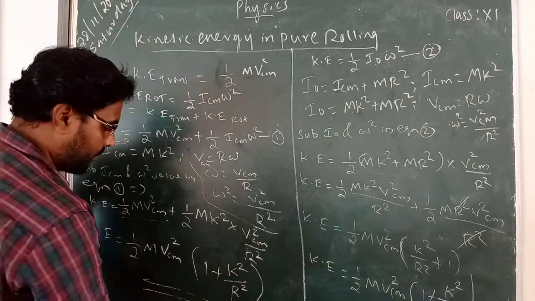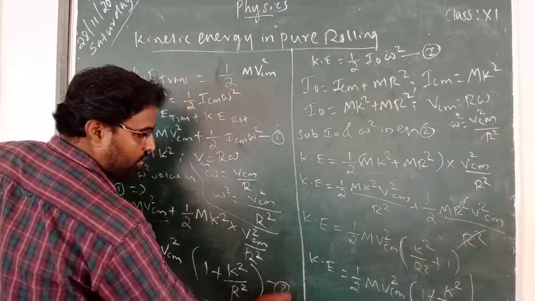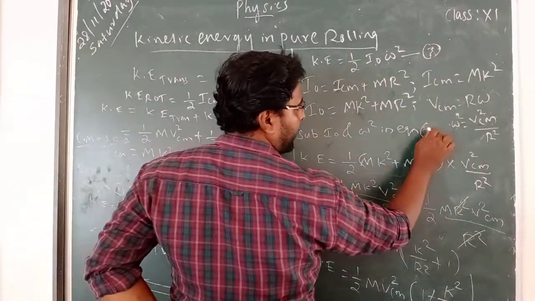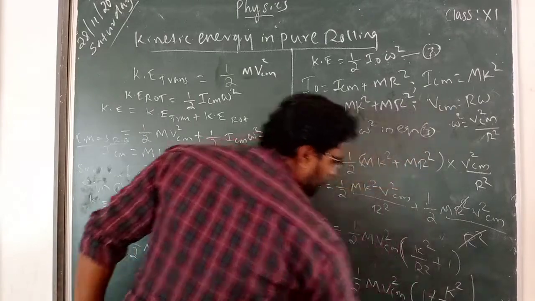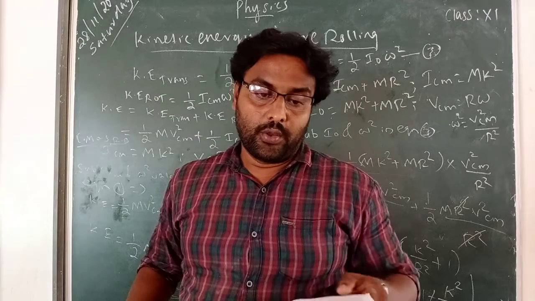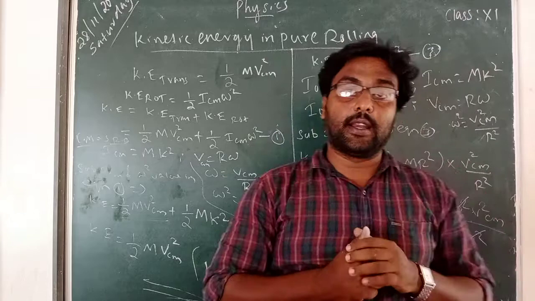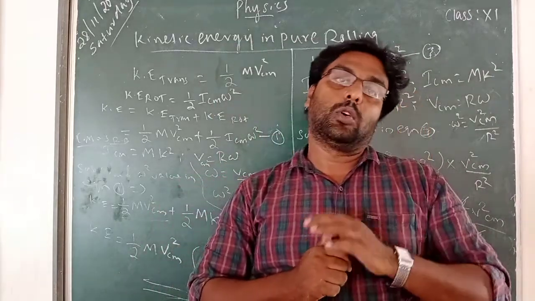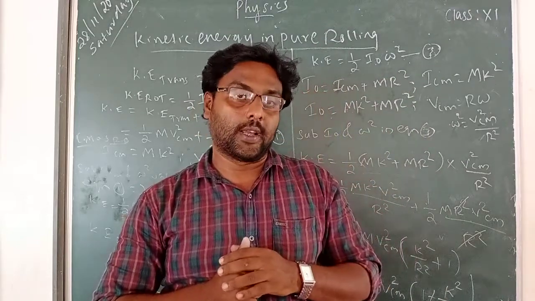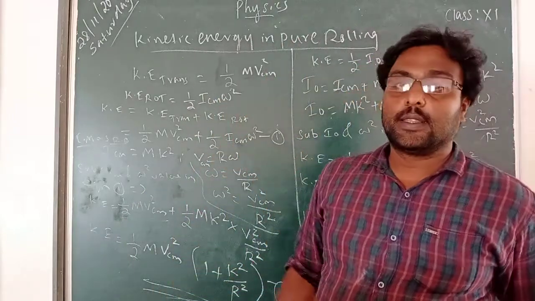So you see these two equations. Here you can keep 2, and this you keep 3. Here you put order 3 and here 2. Now when you are comparing equations 2 and 4, you can conclude two cases: the combination of translational motion and rotational motion is about the center of mass, and the momentary motion is about the point of contact. This is our important question in this unit.